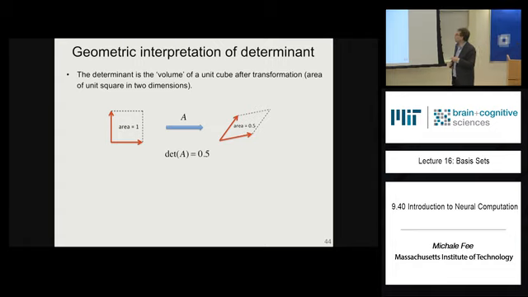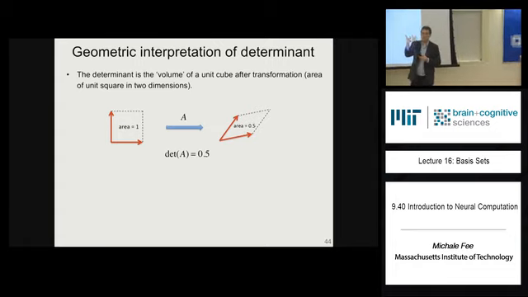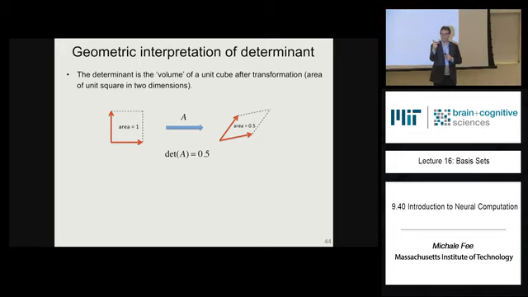Okay? So now what happens if I have a cube in three-dimensional space and I multiply it by a matrix that transforms it into a rhombus that has 0 volume? So let's say I have those 3 vectors. It transforms it into, let's say, a square. The volume of that square in three-dimensional space is 0.